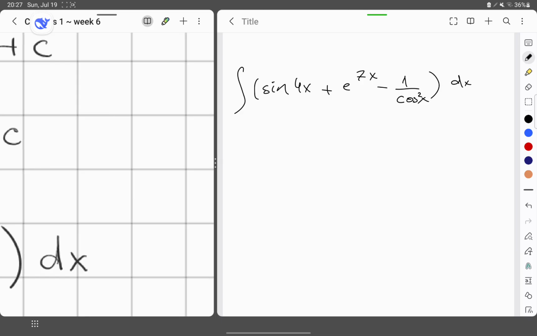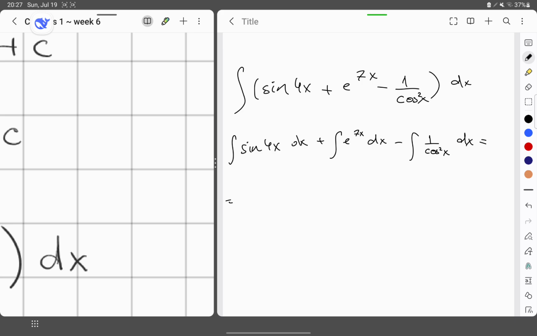Oh my gosh. Okay, we will write this as the integral of sine 4x dx plus the integral of e to the power of 7x dx plus the integral of minus 1 over cosine squared x dx.